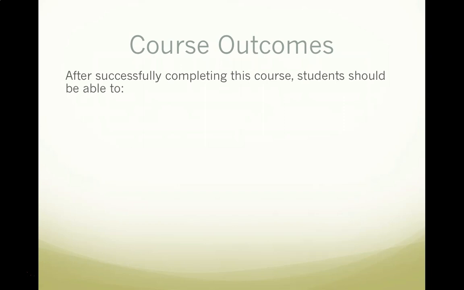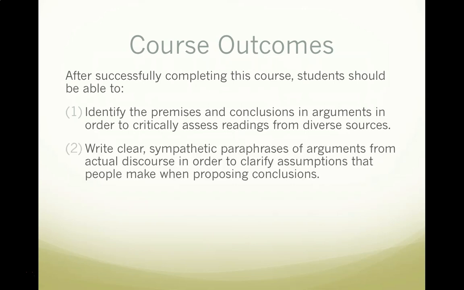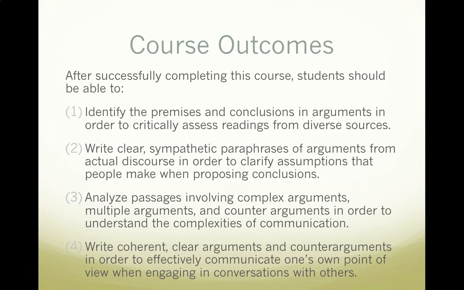So, after successfully completing this course, students should be able to identify the premises and conclusions and arguments in order to critically assess readings from diverse sources, write clear, sympathetic paraphrases of arguments from actual discourse in order to clarify assumptions that people make when proposing conclusions, analyze passages involving complex arguments, multiple arguments, and counterarguments in order to understand the complexities of communication, and finally, write coherent, clear arguments and counterarguments in order to effectively communicate one's own point of view, engaging in conversations with others.